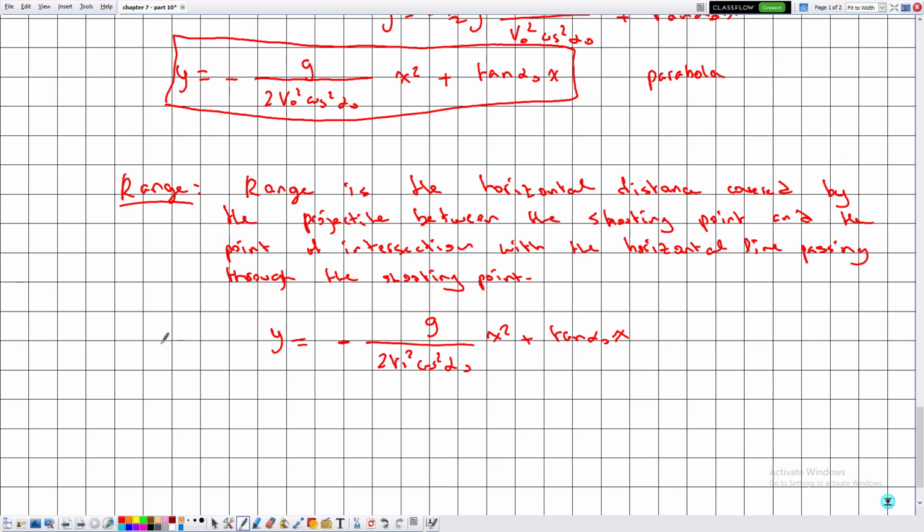Now we set y equal to 0. The range corresponds to y is equal to y0 is equal to 0.